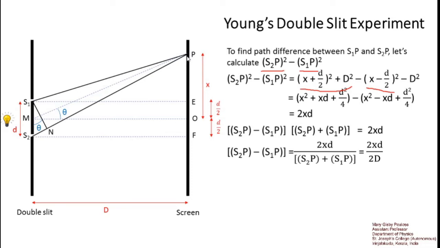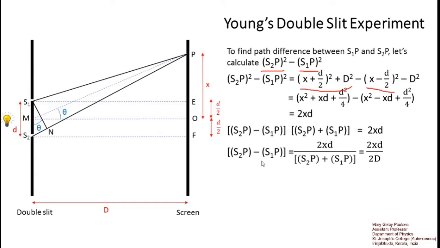Usually the distance capital D is very large, and it implies that S2P and S1P are almost parallel to the optic axis. So in that case, S2P can be approximated to capital D and S1P can be approximated to capital D. So here the sum will give you 2D. Even though they can be approximately equal to capital D, there will be very small differences.